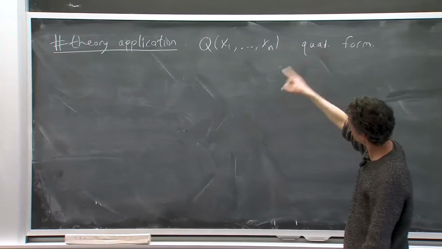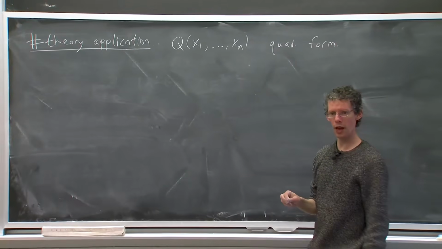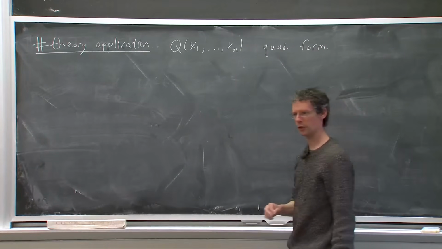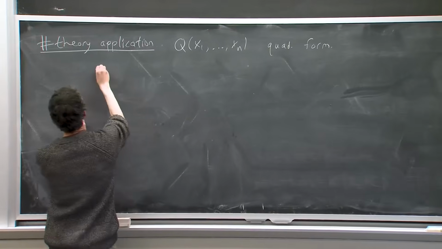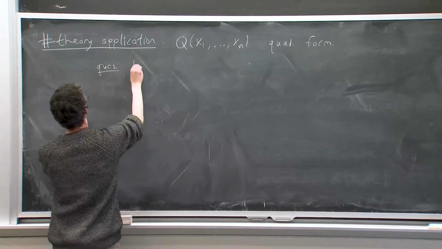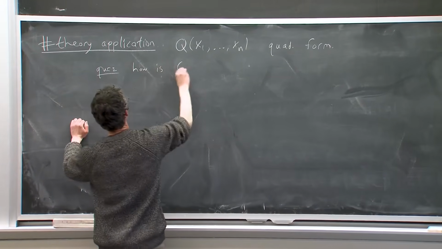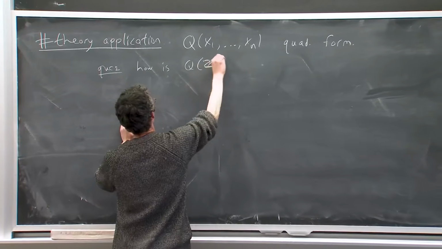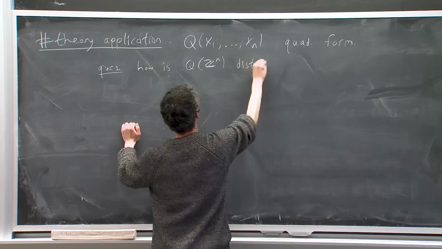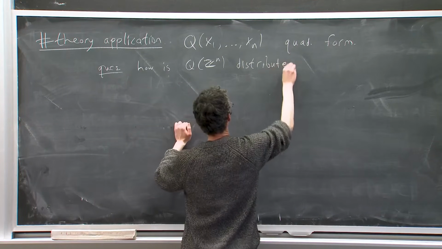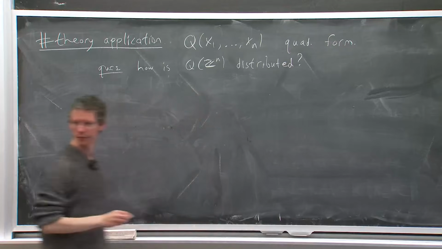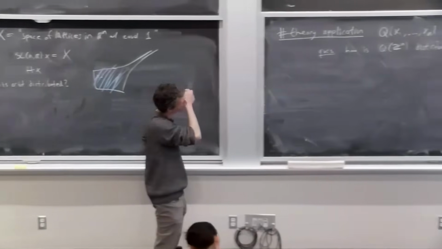And the question is to understand how Q behaves when you put in integers. So question, how is Q of Z^n distributed? OK.